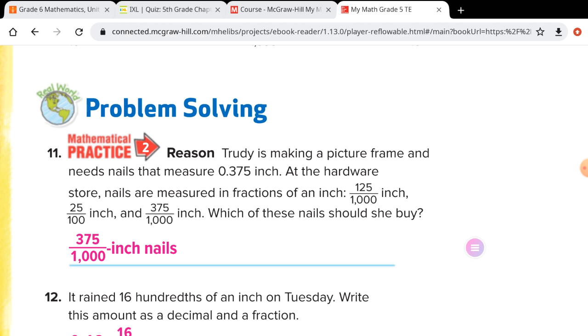And there's one that says 375 over 1,000 inch. Which one should she buy? That's kind of a weird question, but what is it actually asking them to do? Kylie? It's kind of like comparing, like finding what the fraction is. Yeah, it gave them a decimal and it asked for the fraction form. It just said it in a really weird way.